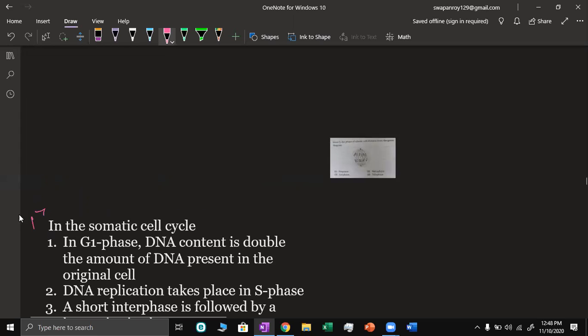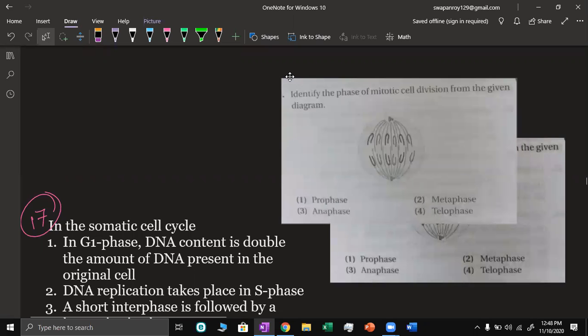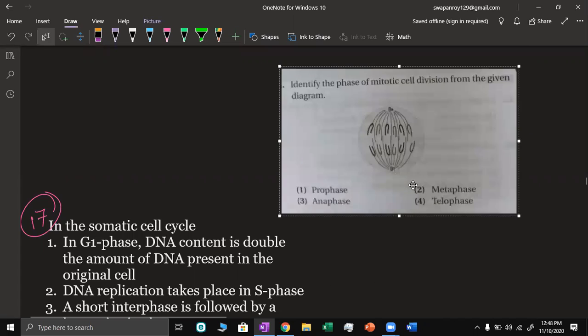In between, you can see one question based on a diagram. Identify the phase of mitotic cell division from the given diagram. Prophase, metaphase, anaphase, telophase?